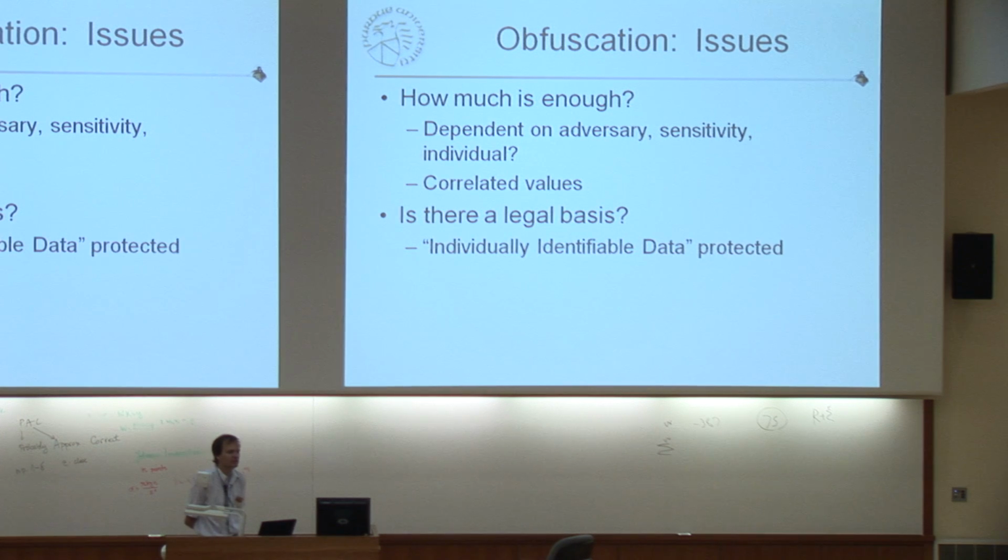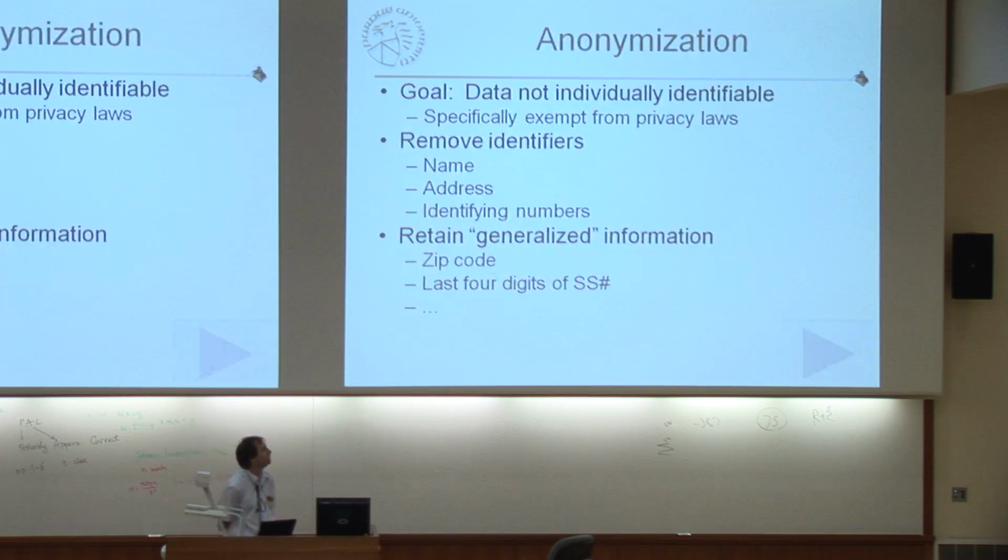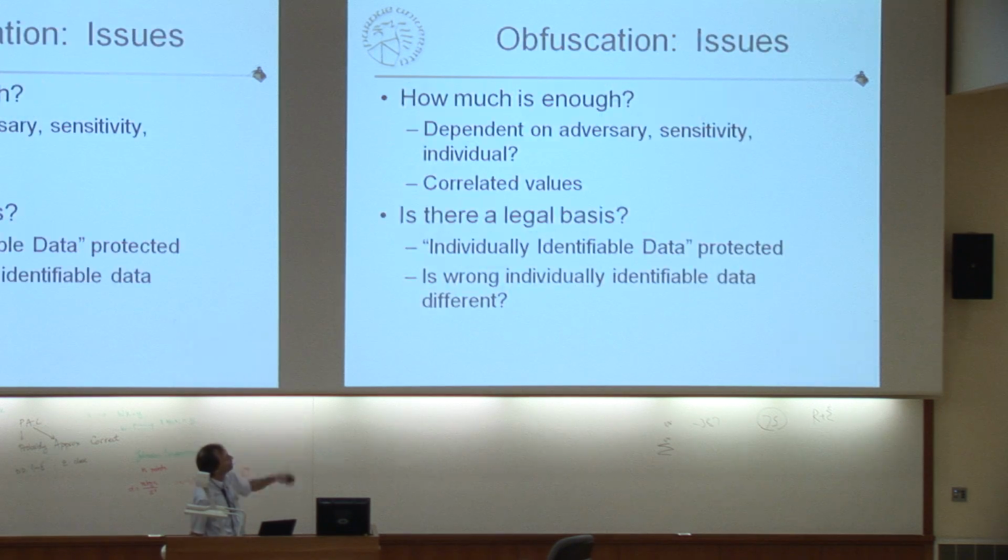And is there a legal basis for this? What I didn't have time to go into is that legally, it's all about individually identifiable data. If I take individually identifiable data but mess up the actual values, is that still protected or not?